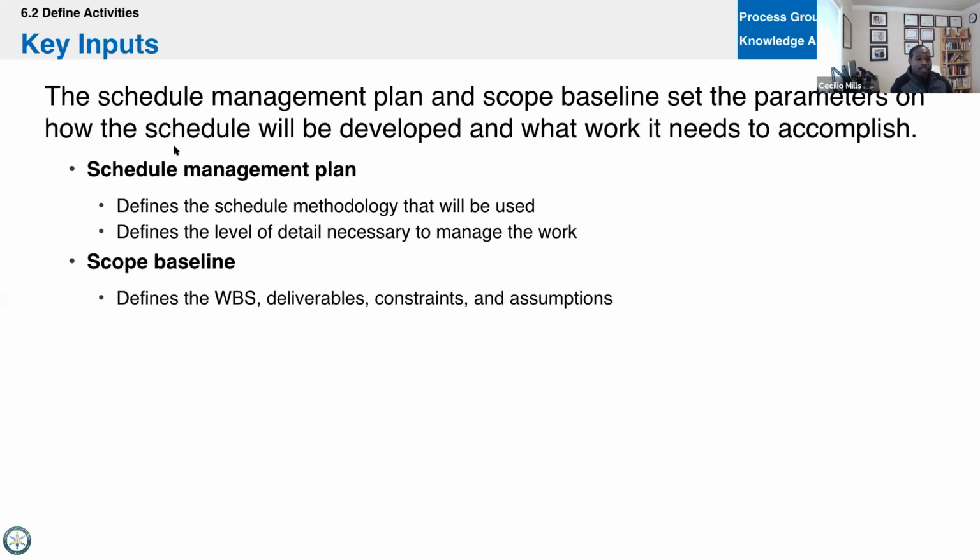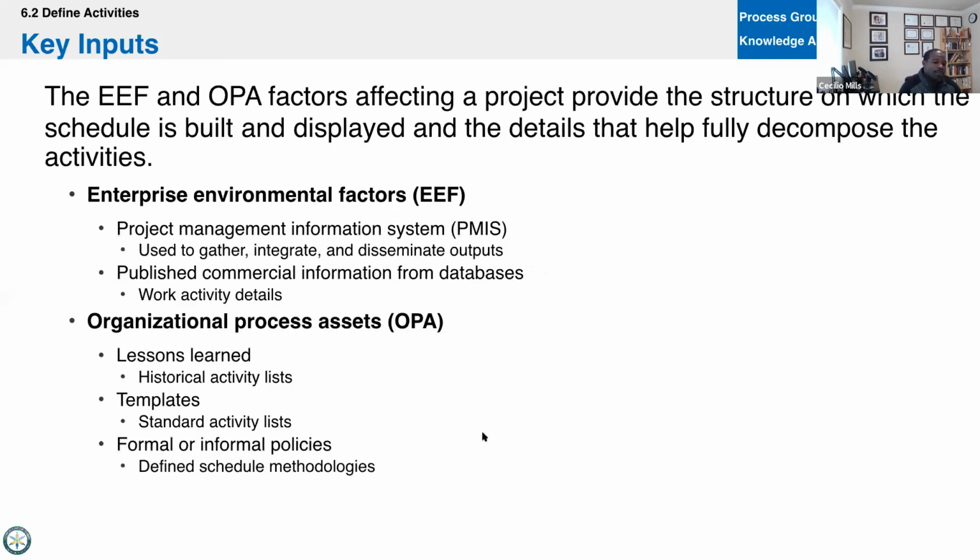So now we're on the inputs here. The schedule management plan and the scope baseline are taken as inputs. All right. What's the scope baseline again? Scope statement, WBS, WBS dictionary. Good. All right. We'll take the plan as well. Those are inputs, EEFs and OPAs.